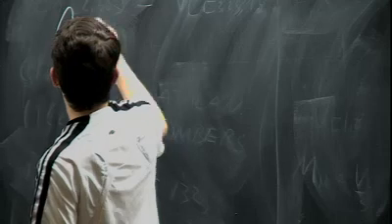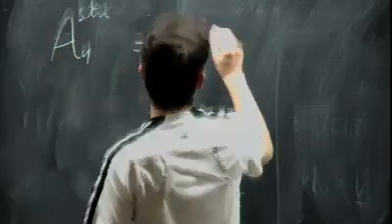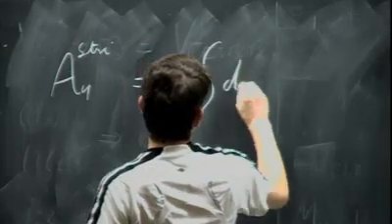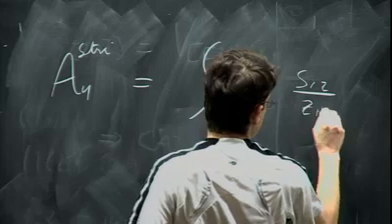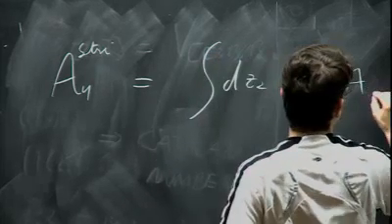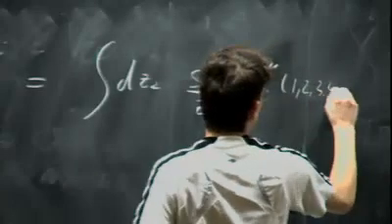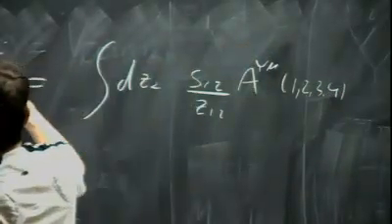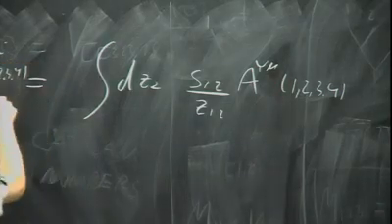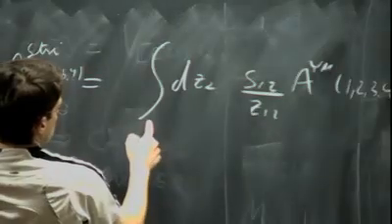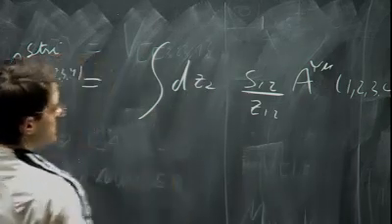so the 4-point string amplitude is now this integral S12 Z12, the Yang-Mills amplitude 1, 2, 3, 4. Well, in the color ordering 1, 2, 3, 4, and the color ordering here will translate to the integration region of the Z2 variables.